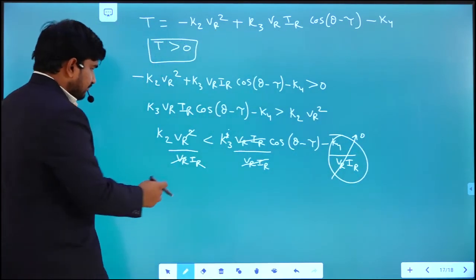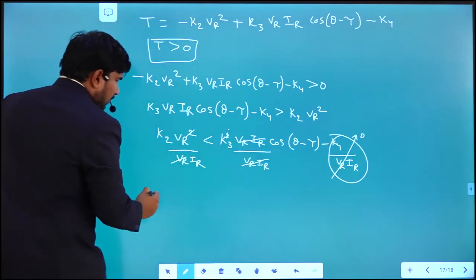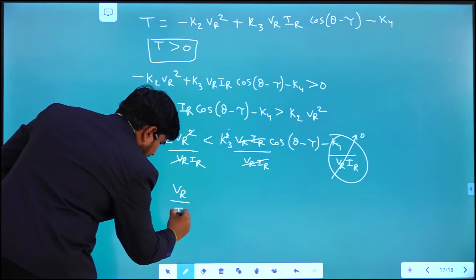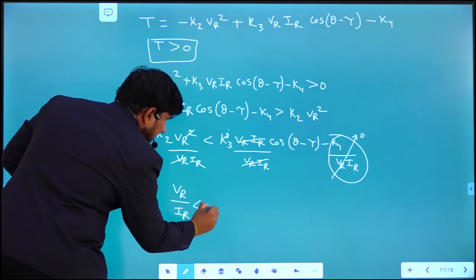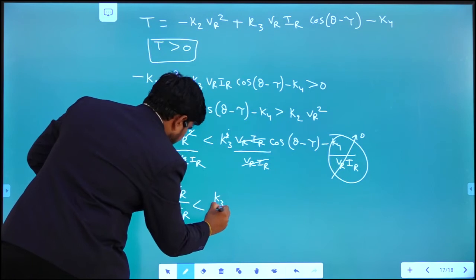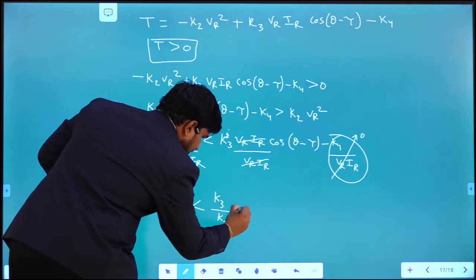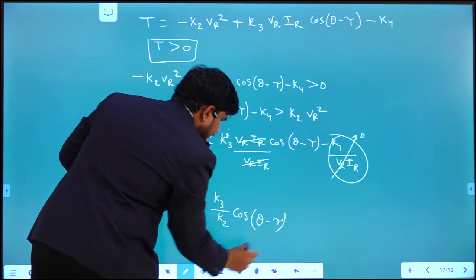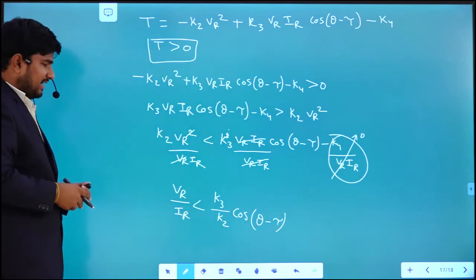So the expression can be modified as VR divided by IR is less than K3 divided by K2 into cos of theta minus tau.